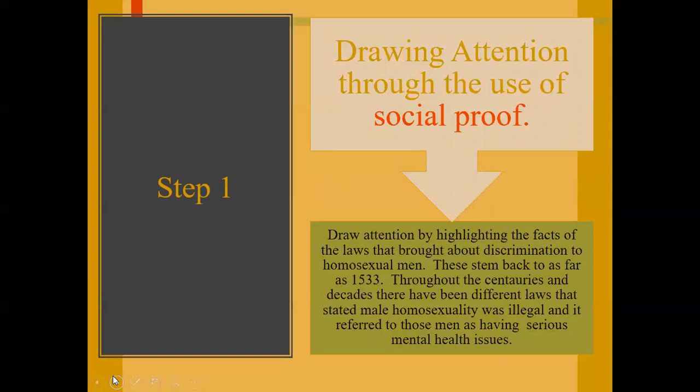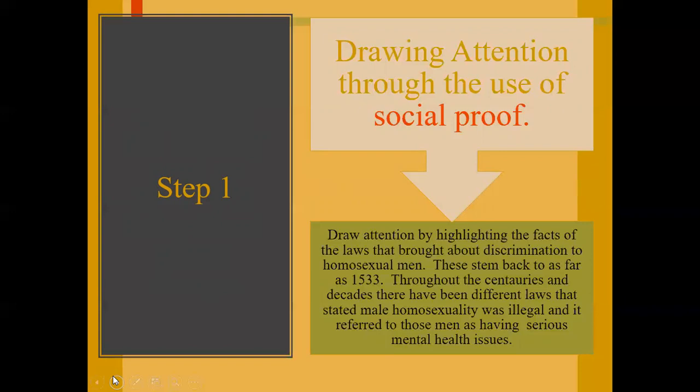Throughout the centuries and decades, there have been different laws that have stated male homosexuality was illegal, and it referred to those men as having severe mental illnesses. So really, we have got a huge amount of evidence to actually show that there has been clear discrimination.